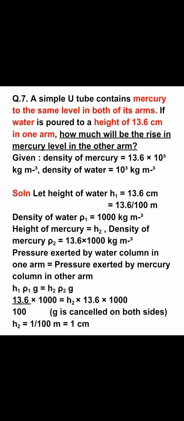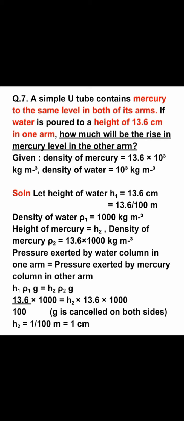Now pressure exerted by water column in one arm will be equal to pressure exerted by mercury column in the other arm. So we can write H1 into rho 1 into G equals H2 into rho 2 into G. Now let's put the values. H1, it's 13.6 by 100, into rho 1, it's 1000, equals H2 into rho 2, that is 13.6 into 1000.